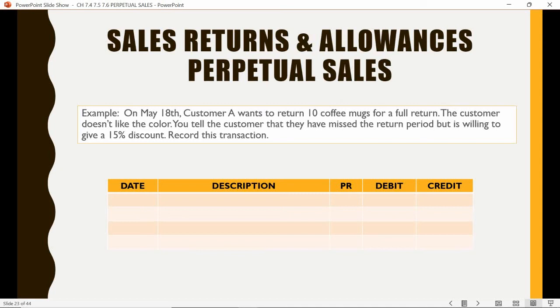So in this case, if on May 18, customer A wants to return 10 coffee mugs for a full refund, but they end up missing the return policy date, okay? And of course, maybe this customer starts to get mad, and they cause a commotion, okay?